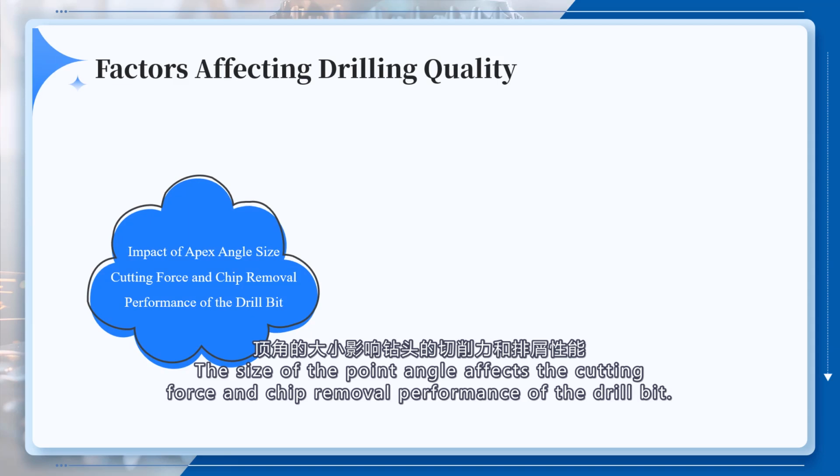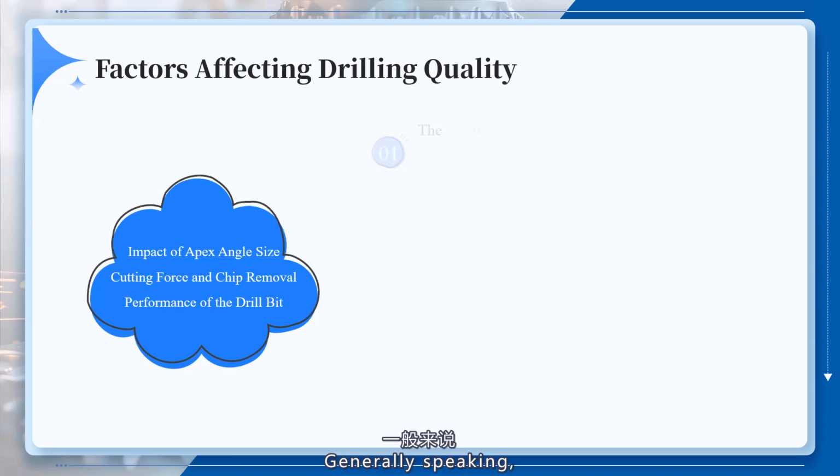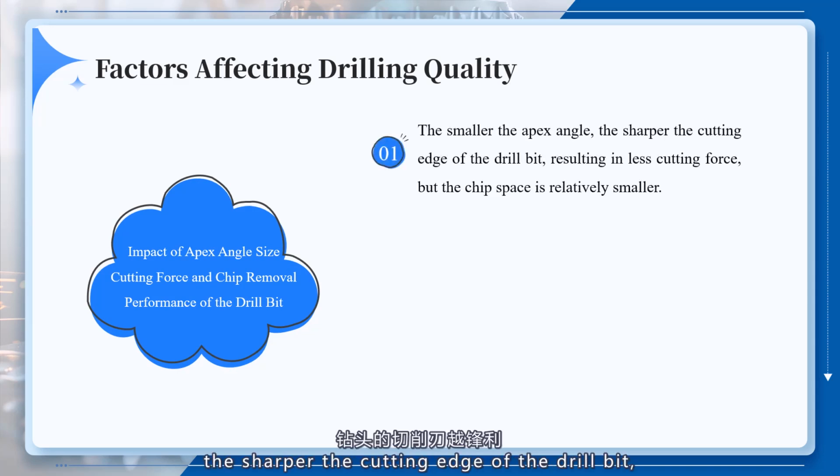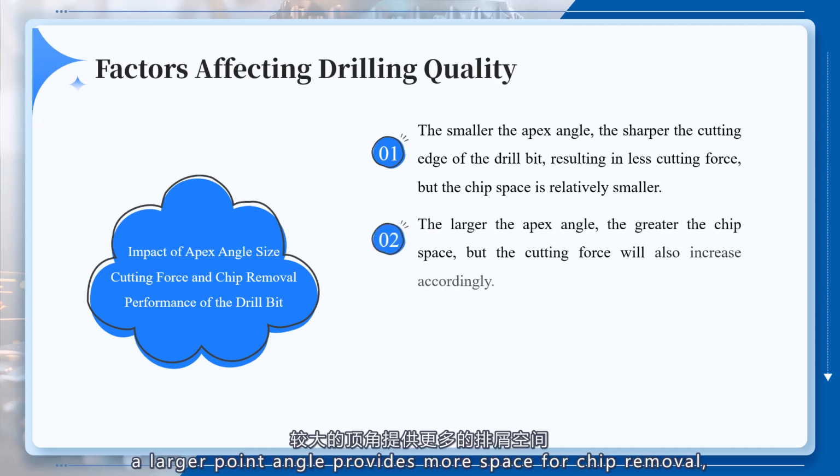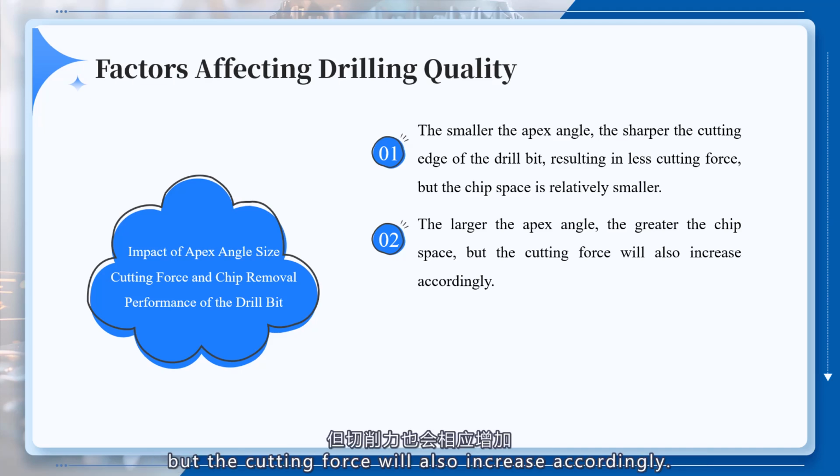The size of the point angle affects the cutting force and chip removal performance of the drill bit. Generally speaking, the smaller the point angle, the sharper the cutting edge of the drill bit, resulting in lower cutting force, but with relatively less space for chip removal. Conversely, a larger point angle provides more space for chip removal, but the cutting force will also increase accordingly.